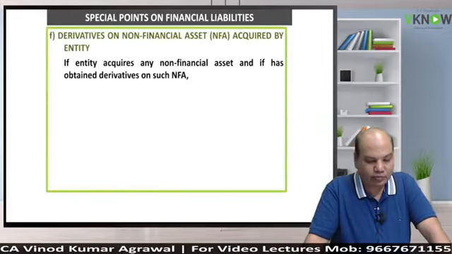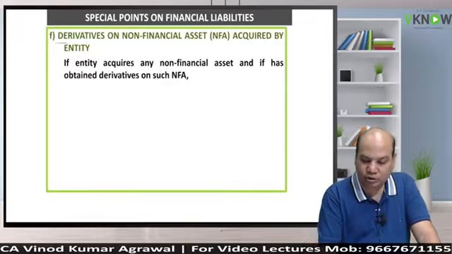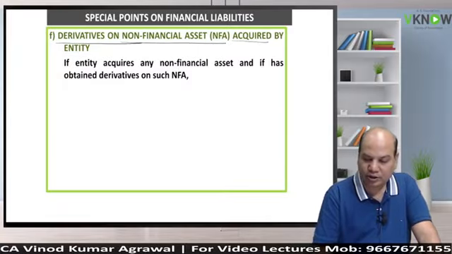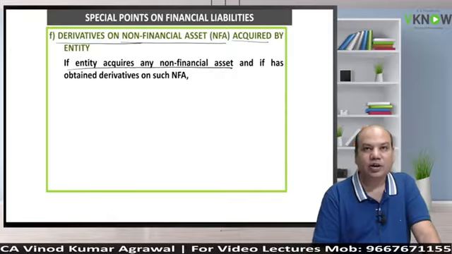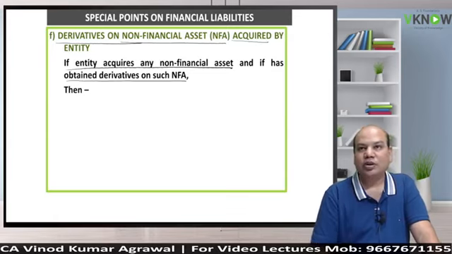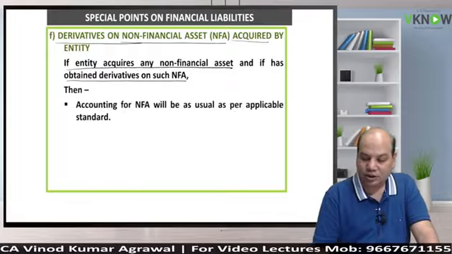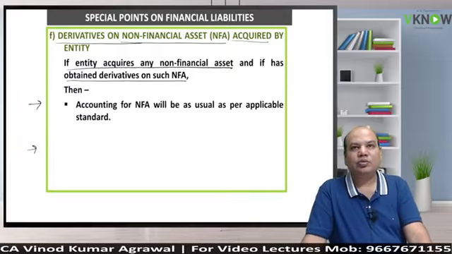Next is derivative on non-financial asset acquired by the entity. If an entity has acquired any non-financial asset and it has got a derivative on it, then in that case there are actually two contracts.